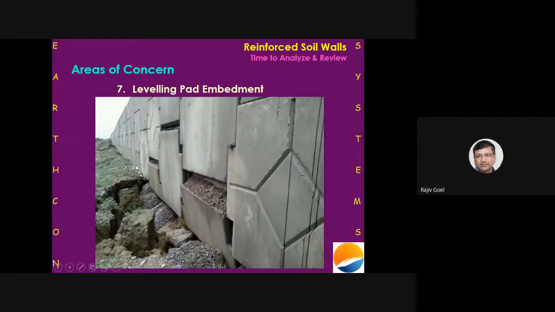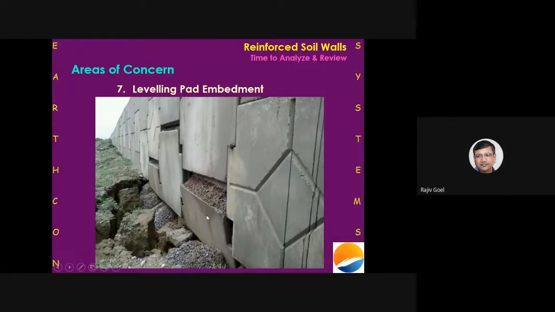This RE wall was done on a man-made embankment. So what the contractor did, he made the embankment up to the founding level, made the wall, did not come back and refill the 1 meter additional height of embankment which was required on the outside.